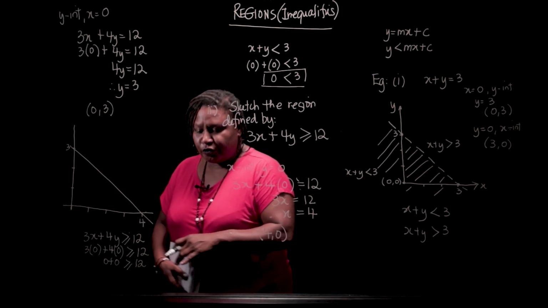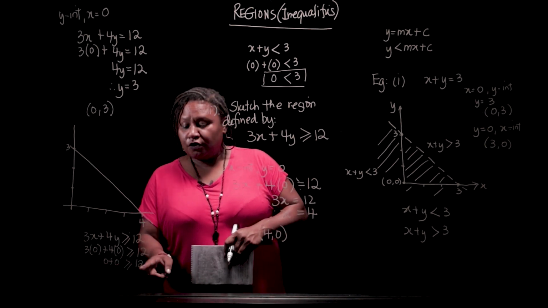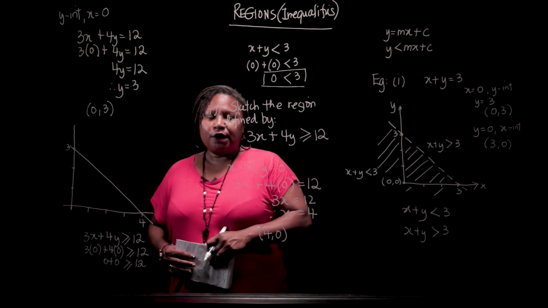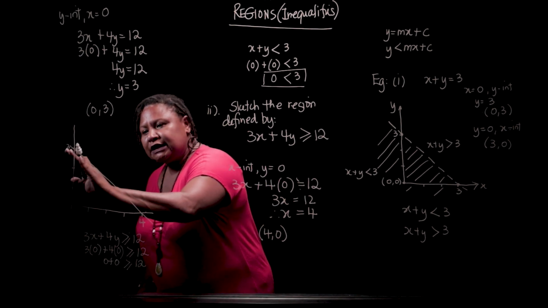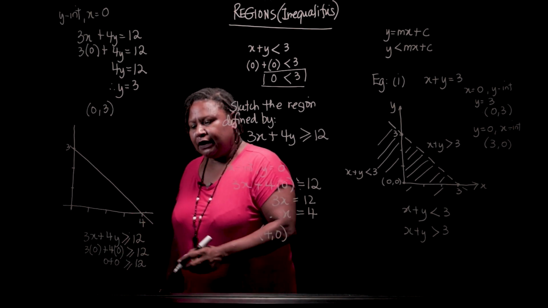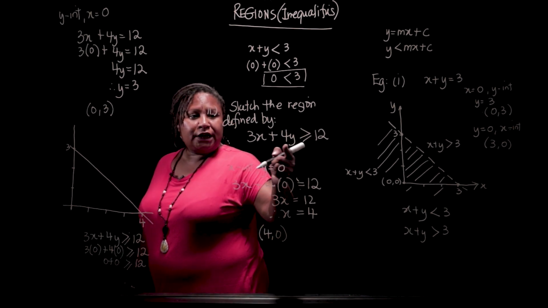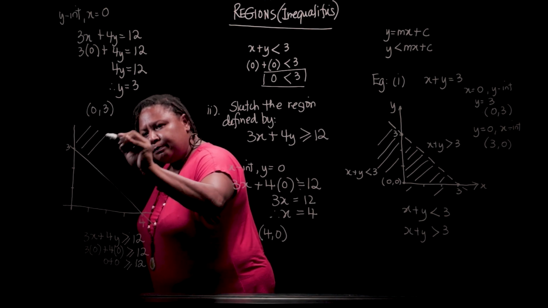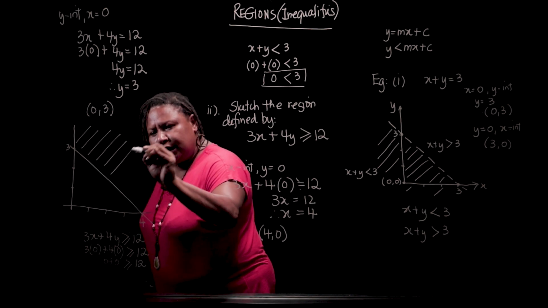Now that is not true. 0 is not greater than 12 and neither is it equal to 12. So the region under the line is not the correct region. The region defined by the inequality is the region above the line. So we shade that in.